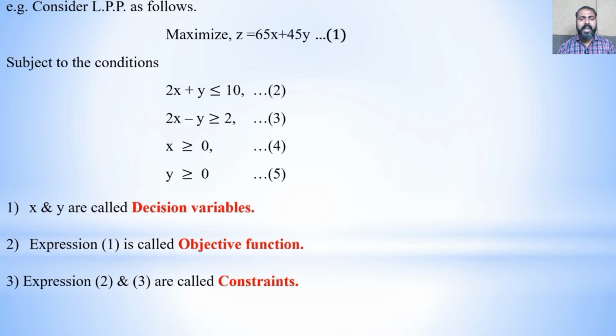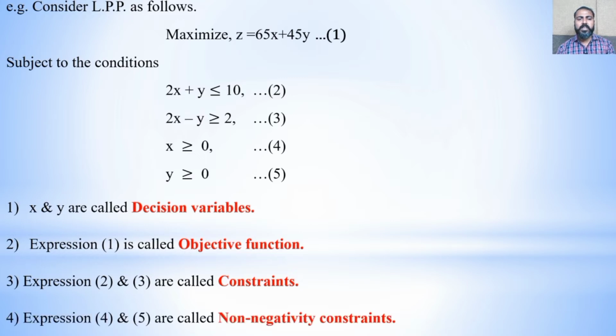The expressions 2 and 3 are called constraints, and the expressions 4 and 5 are called non-negativity constraints. Remember here, in equation 1, z is called the objective function. In this equation, x and y are given, and those x and y are called decision variables.